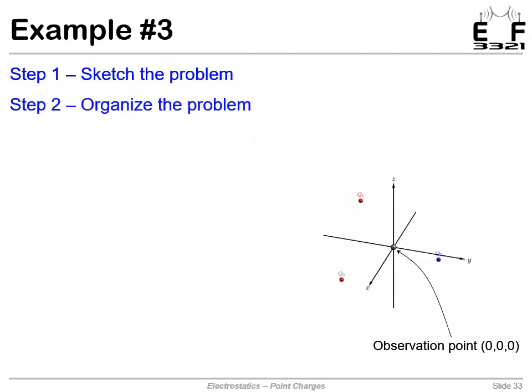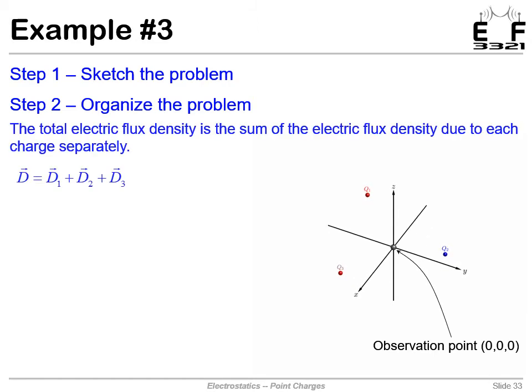We should now organize the problem and how we're going to solve this, because we have 3 charges. We have a bit of work to do. So using that concept of superposition, we know that the total electric flux density is simply the electric flux density calculated for each charge individually, as if those were the only charges that were there, and we add the result. So in other words, we'll calculate D1 as if the second and third charges don't exist at all.